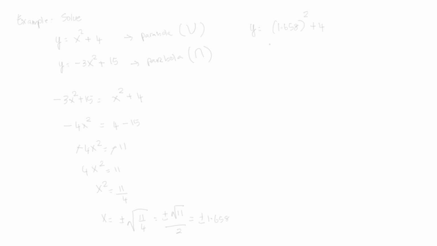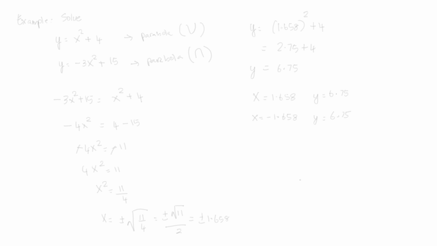So we'll have 1.658 squared, which should be 2.75 approximately, plus 4, we'll end up getting 6.75. So when x is 1.658, y is 6.75. When x is minus 1.658, y is 6.75.